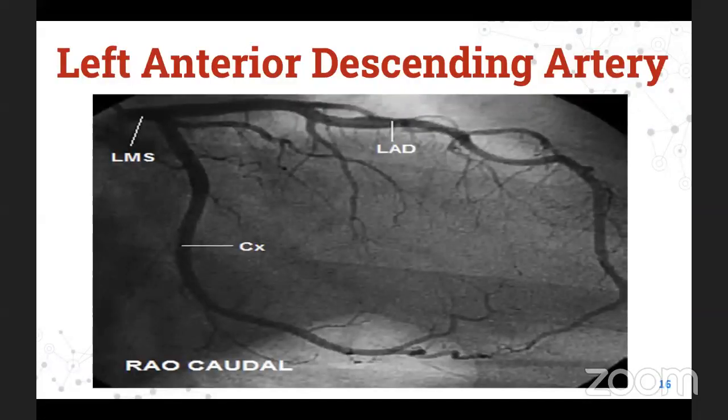And this is coronary angiogram showing left anterior descending artery and circumflex artery. The question here is, how can I differentiate between the diagonal and septal perforator in regard to coronary angio? Can anyone answer?